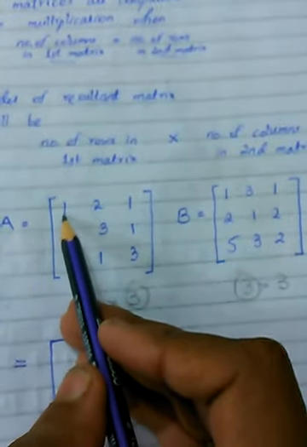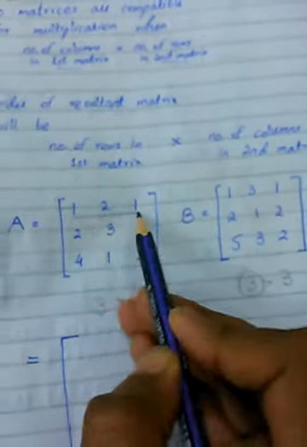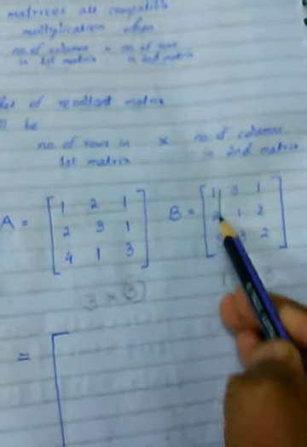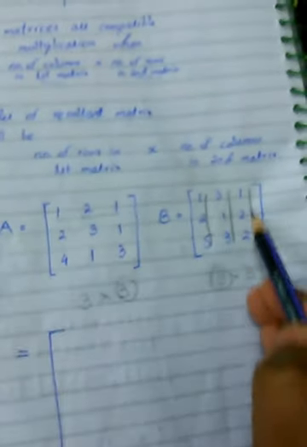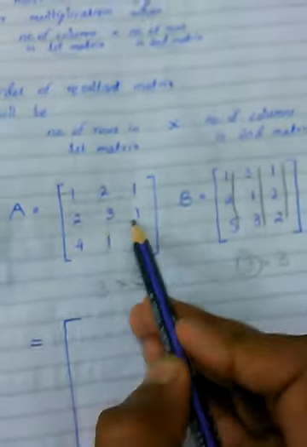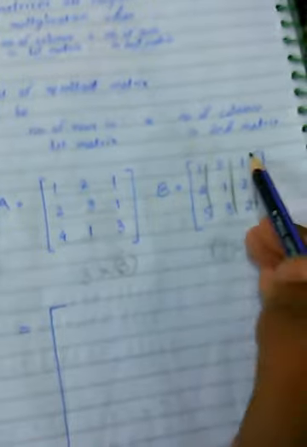First of all, we will multiply the first row with the first column, then the first row with the second column, then the first row with the third column, then the second row with the first column, second row with second column, second row with third column, then third row with first column, third row with second column, third row with third column. Each row will get multiplied by each column on its turn, one by one.